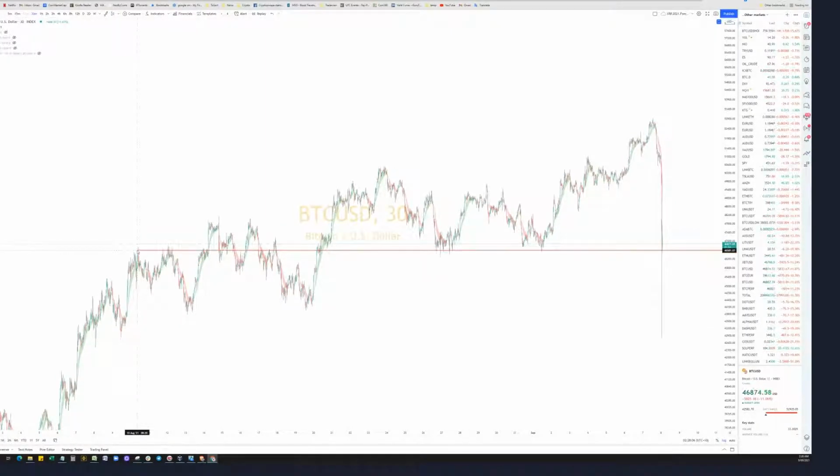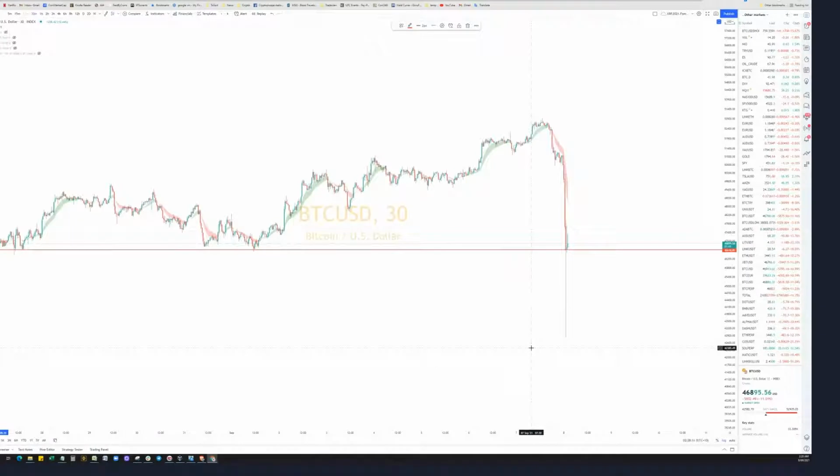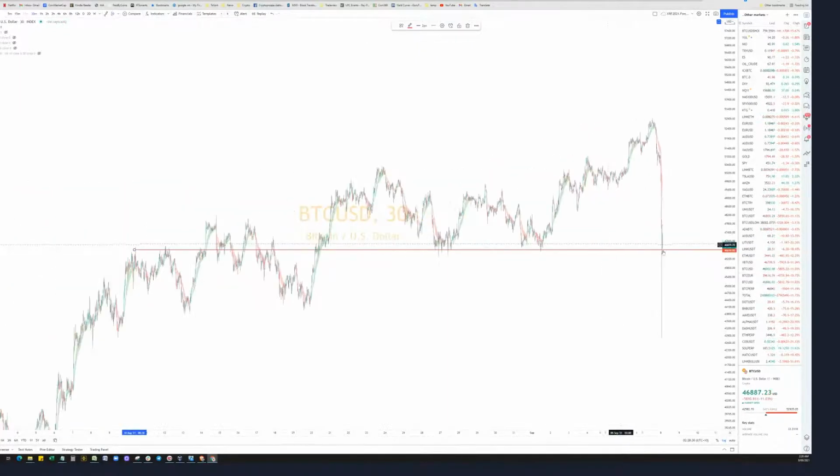This is a strong support area, so it needs to hold this, and we're very close. Anyway, can't really guess what it's going to do, but that looks like a little bit of a battle between the bulls and the bears. The momentum of the bears, obviously, but that is a strong buying area, and it needs to hold. Otherwise, here's the main area. It might come back down here again.